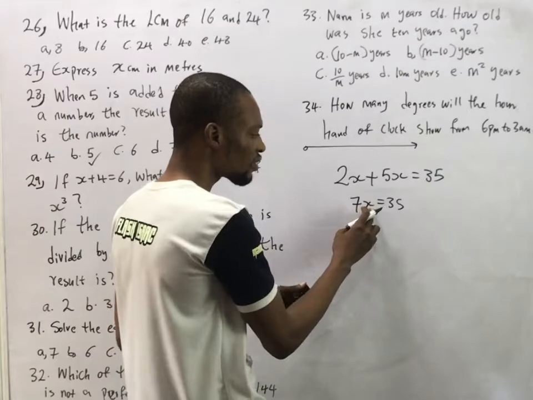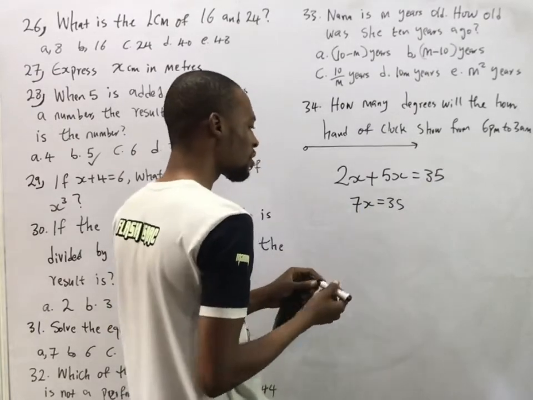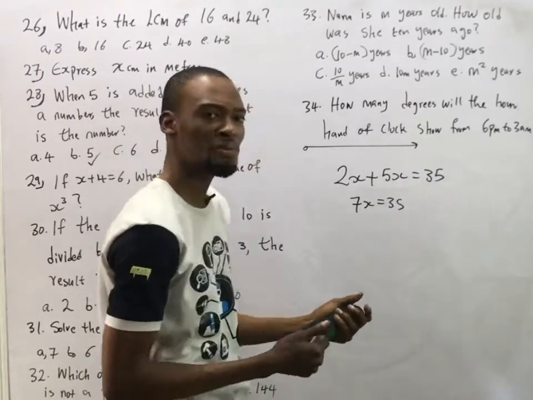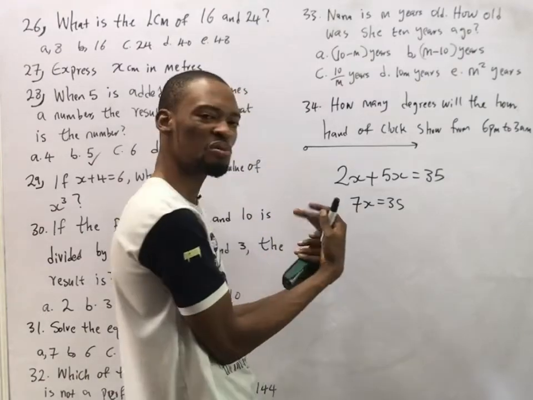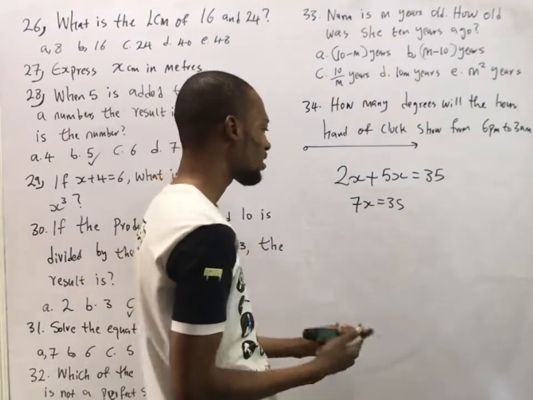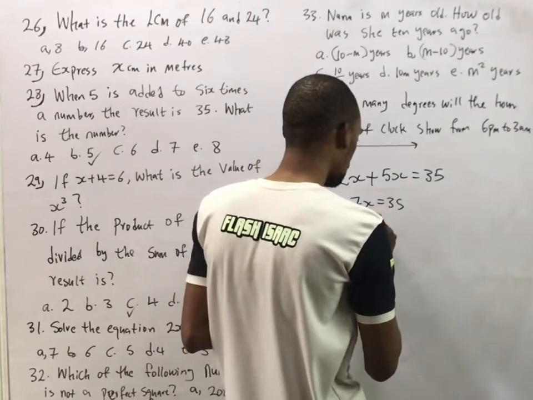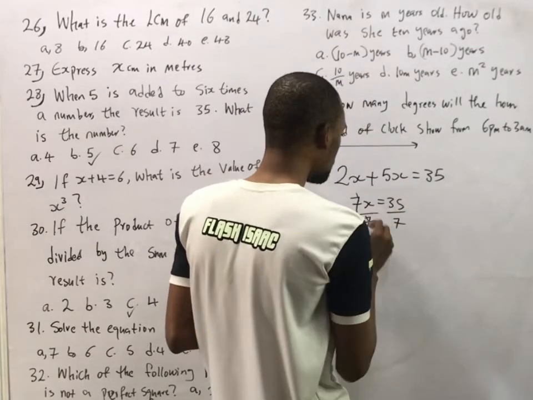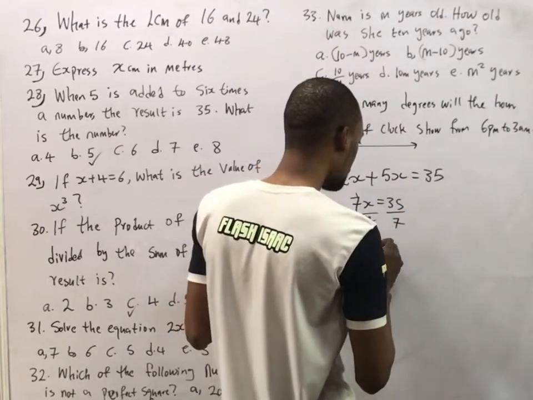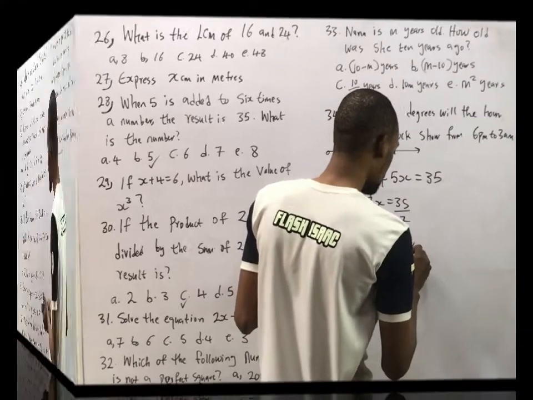Now to get s, we divide both sides by 7. Because in mathematics, for an equation to be balanced, what happens to one side should happen to the other side. That's what makes life beautiful. So 7 divided by 7 is 1. So s equals 35 over 7.